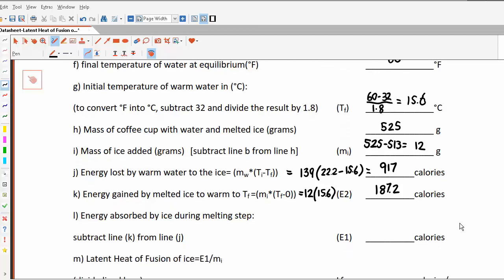Hence, the energy that was absorbed by the ice during the melting step must be the difference between these two quantities. So over here, 917 minus 187.2 gives me 730 calories.